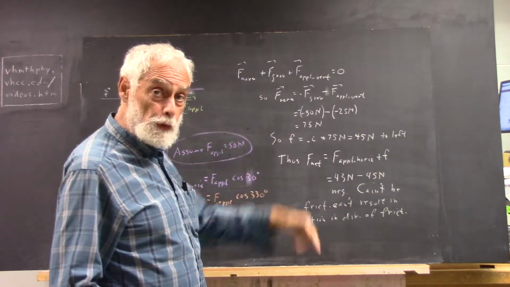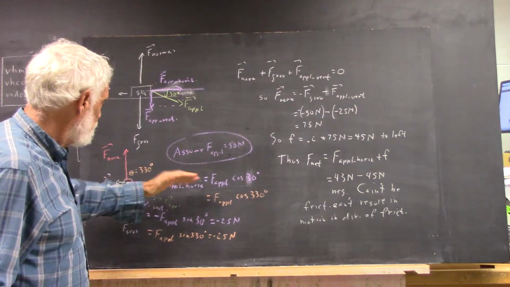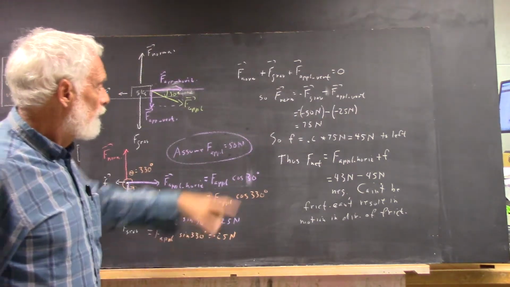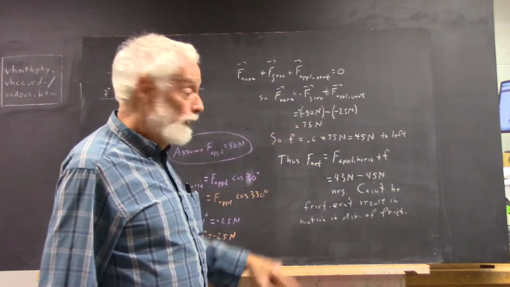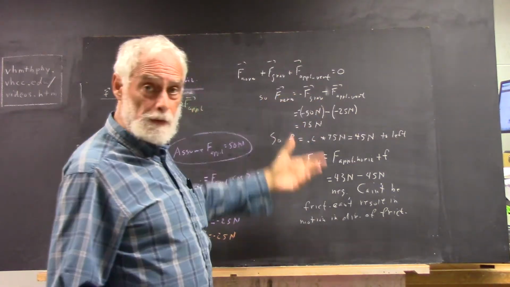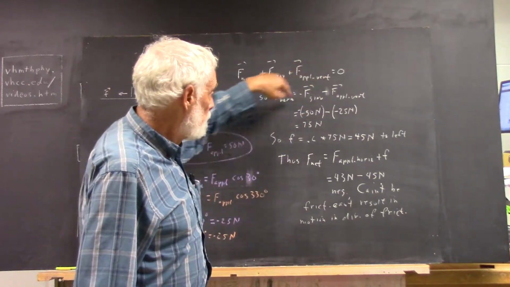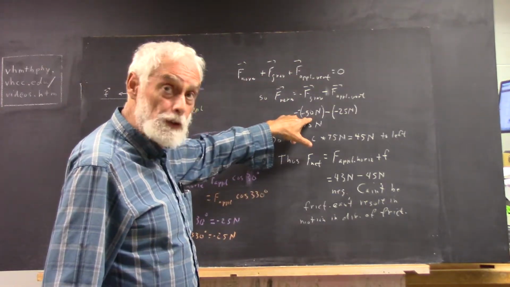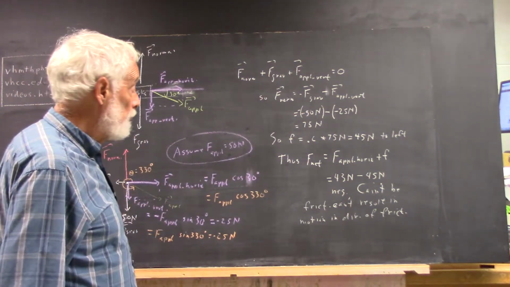The gravitational force is downward. So on a coordinate system where x is here and y is here, that would be negative 50 newtons, wouldn't it? But we have negative the gravitational force. Negative of negative 50 newtons is positive 50 newtons. Now if we didn't have the applied vertical force, our normal force would be just the negative of the negative 50 newtons. As before, it would be 50 newtons upward.